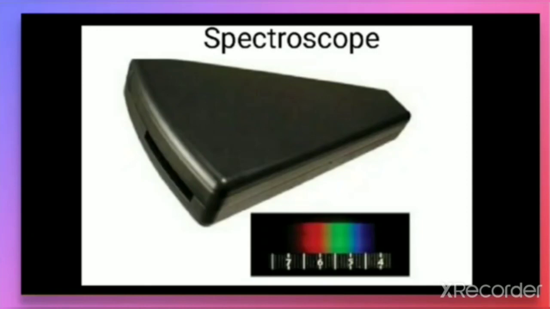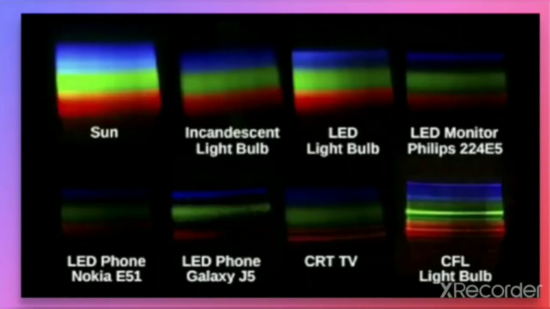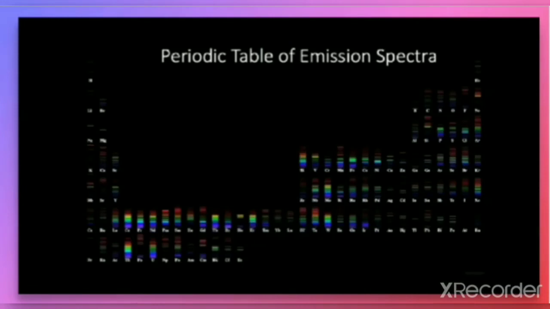Spectrum of different light can be easily determined with the help of a device called a spectroscope. These are the spectra observed when different types of light are monitored with the help of a spectroscope. It is observed that each element gives a unique spectrum. These are the emission spectra of different elements in the periodic table.